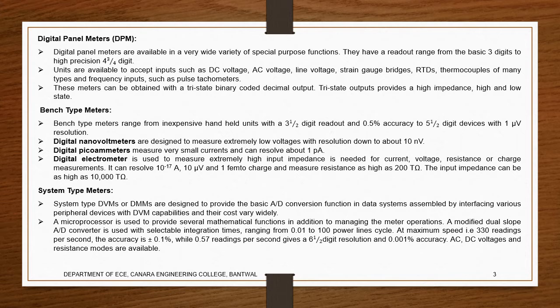They usually read out three basic digits to high precision, up to 4 and 3/4 digits. The units that are available accept inputs such as DC voltage, AC voltage, line voltage, strain gauge bridges, RTDs, thermocouples of many types, and frequency inputs such as pulse tachometer.